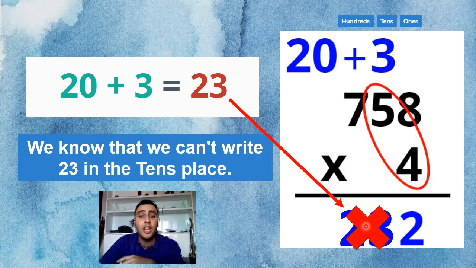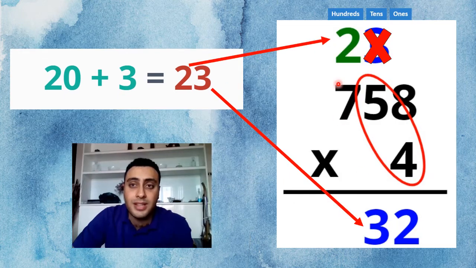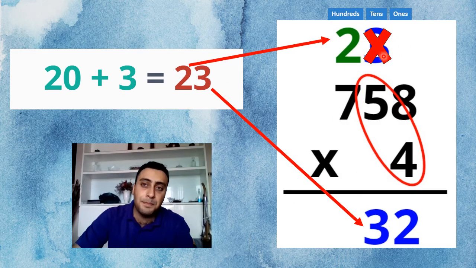No, we do not do that, right? We cannot put 23 in the tens place. So what we do is we scratch the 3 up here so we don't get it mixed up. We put the 3 in the tens place, and we put the 2 in the hundreds place up here.